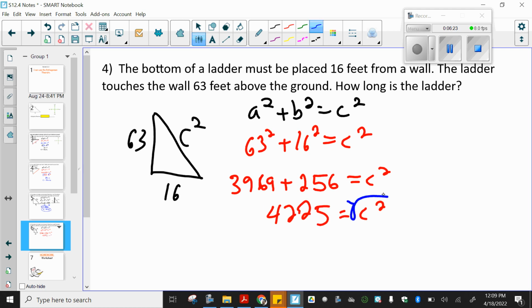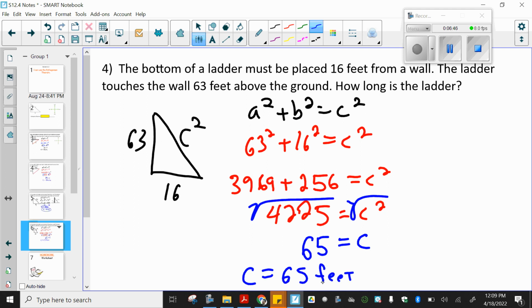I'm going to find the square root of both of them. I know that the square root of c squared is c. Using my calculator, the square root of 4,225 is 65. So c equals 65 feet. That is a real long ladder. I don't want to use that ladder.